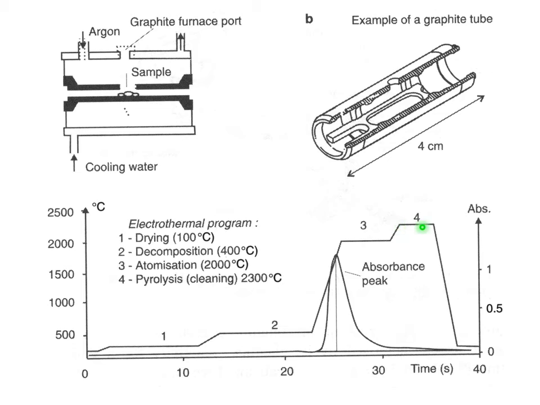So everything is flushed out by a stream of hot gas, and then you cool the system down. After around 40-50 seconds, the cuvette is ready for injection of the next sample.